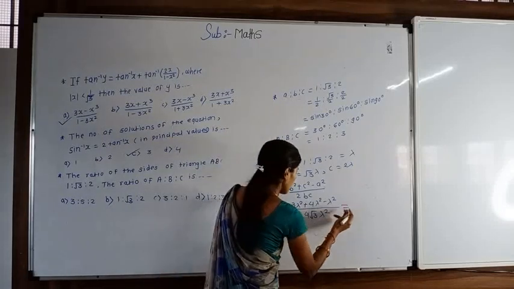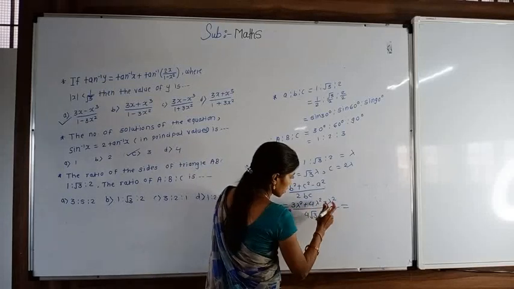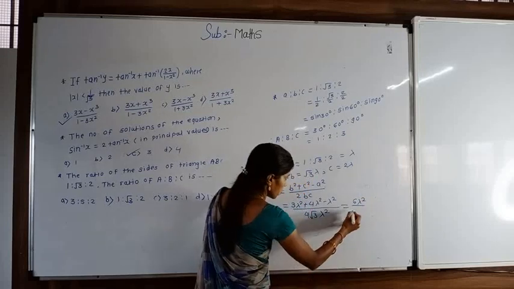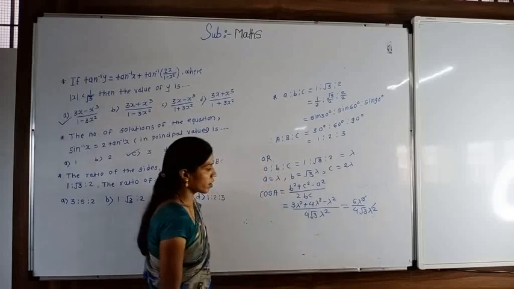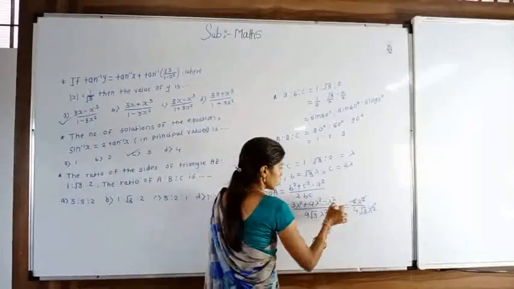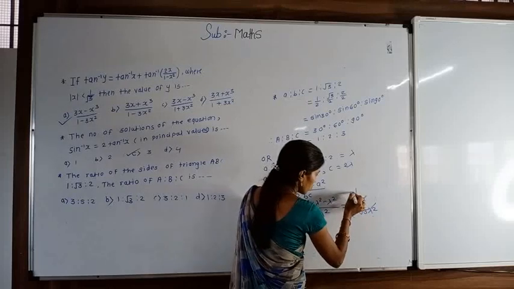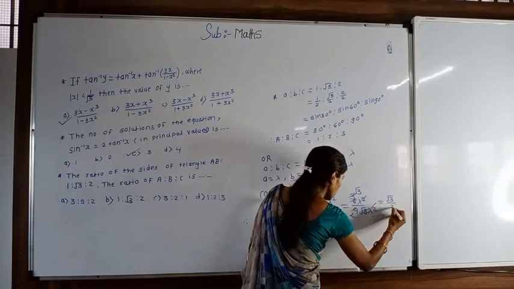Okay, so simplify this ratio. We can write the sum and difference of these terms as 6 lambda square, whole term divided by 4 root 3 lambda square. Lambda square will get cancelled. So here 2 3s are 6, 2 2s are 4. Root 3, one of the root 3s will get cancelled. We get the value root 3 by 2.